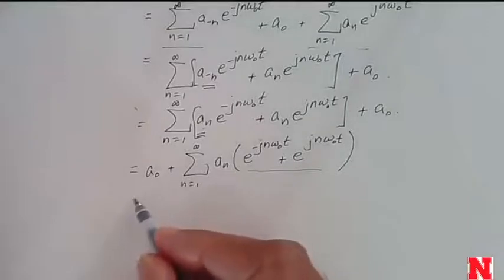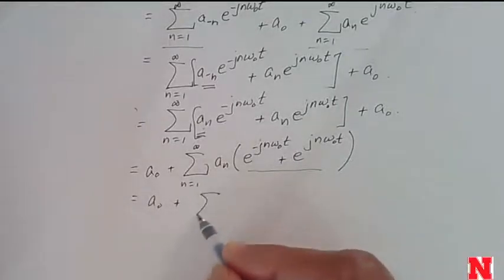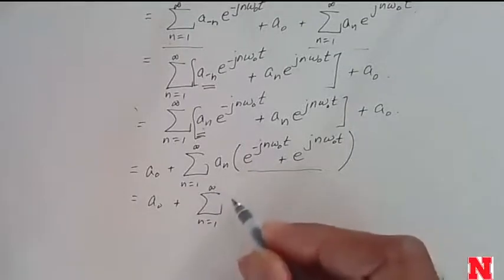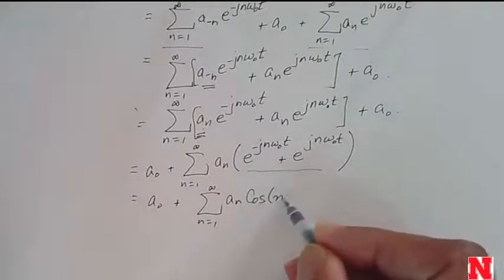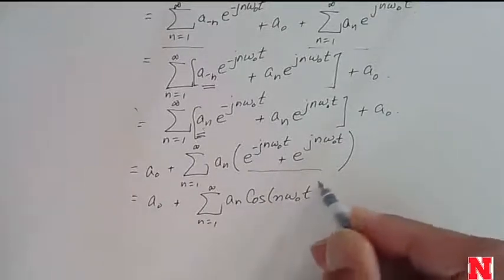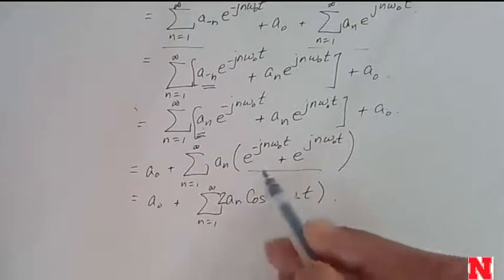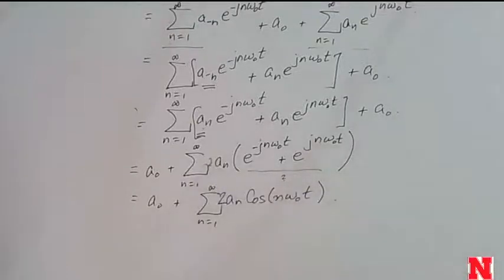So this is equal to a sub 0 plus summation n equals 1 to infinity a sub n cosine n omega naught t. Sorry, I don't have a 2 down here, so in order to put a 2 down here, I have to multiply this with 2. So here's what we have.